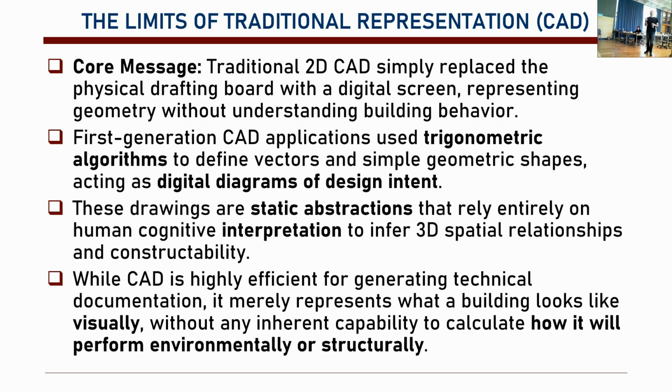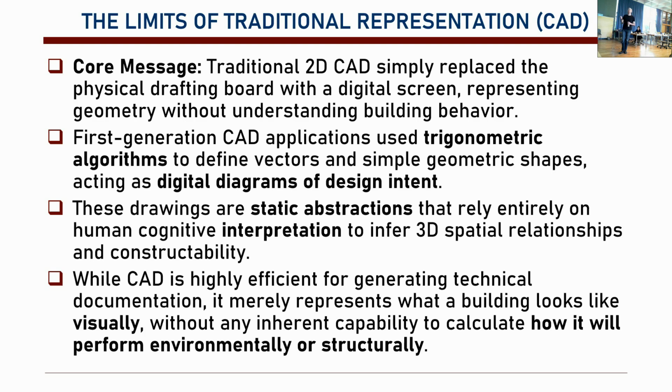In the first generation CAD applications, we basically used trigonometric algorithms, a coordinate system with angles and vectors to create simple vectors and geometric shapes, where we represent the digital diagram of the design intent.